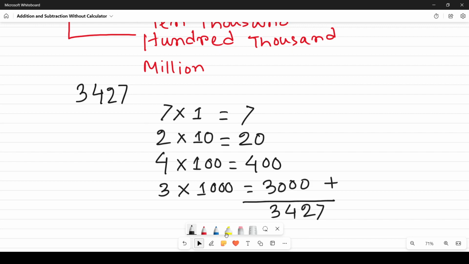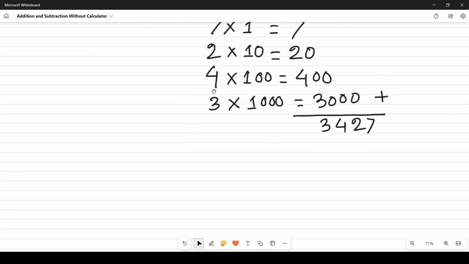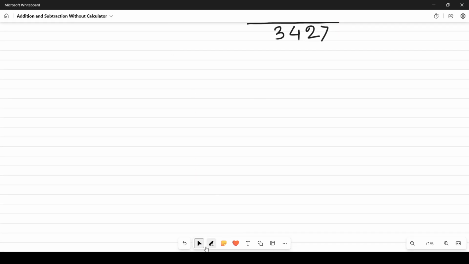Now let's see how we can add by using the method called the column method.